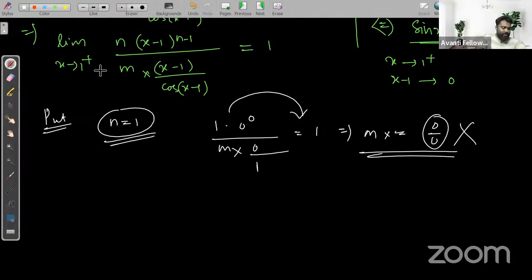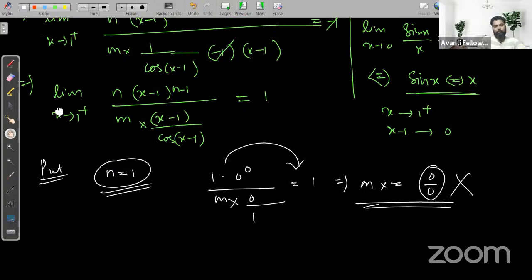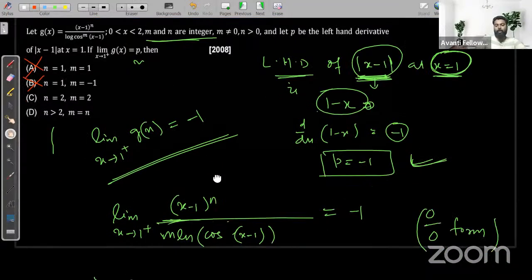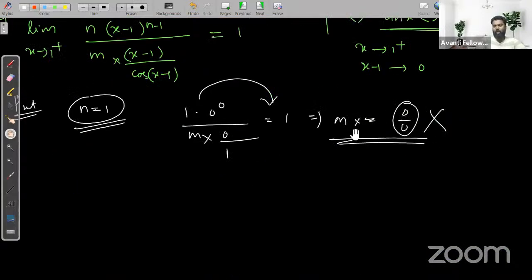So first option is wrong. It is not correct. So we cannot put n is equal to 1 because it is giving you an undefined form, undefined number you are getting. है ना? We are not getting any specific value for m.